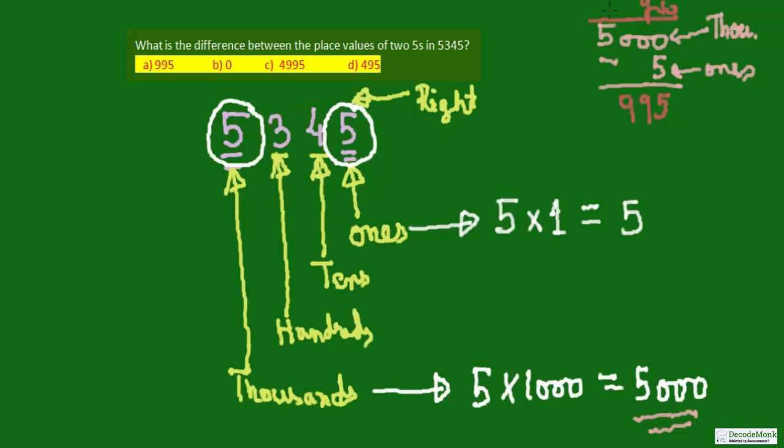Here again 9, because we have carried forward 1 over here. So here it will be equal to 4995. So the answer is 4995. So which option? It is option C, 4995. So friends, this is the right answer to this particular question.